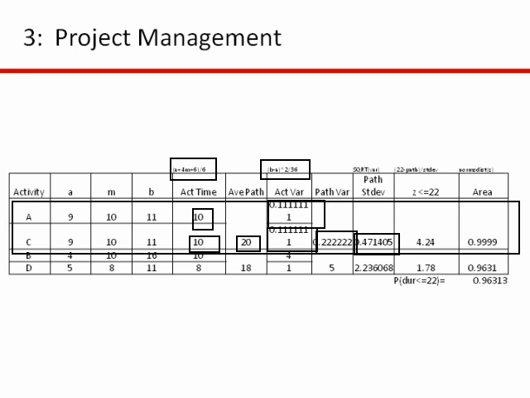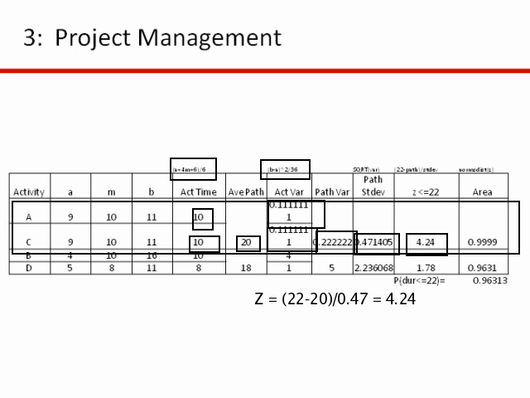Now, this particular problem wanted to know the probability of completing this project in 22 days or less. So the Z is going to be 22 minus the average path length of 20, divided by the standard deviation of 0.47, which is 4.24.